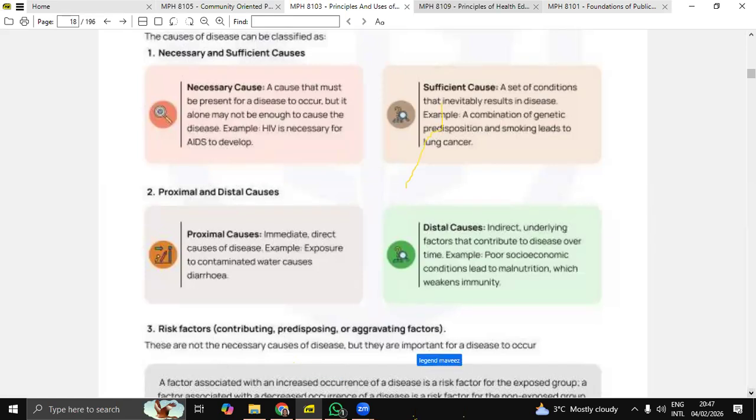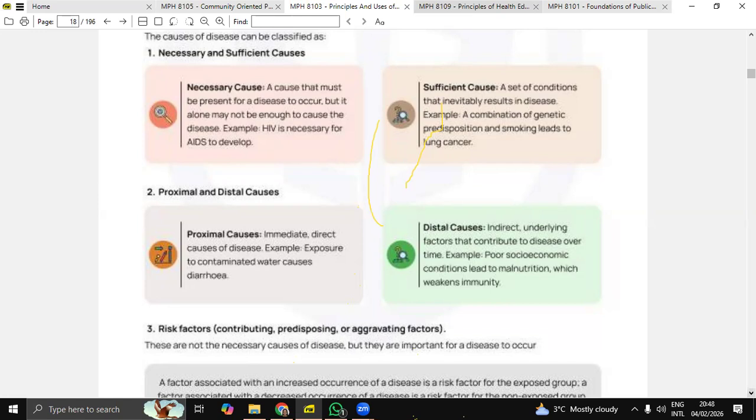If you're exposed to it, what happens? You and the organism make contact, and then you will come down with the disease. That direct exposure to the water was what caused it.